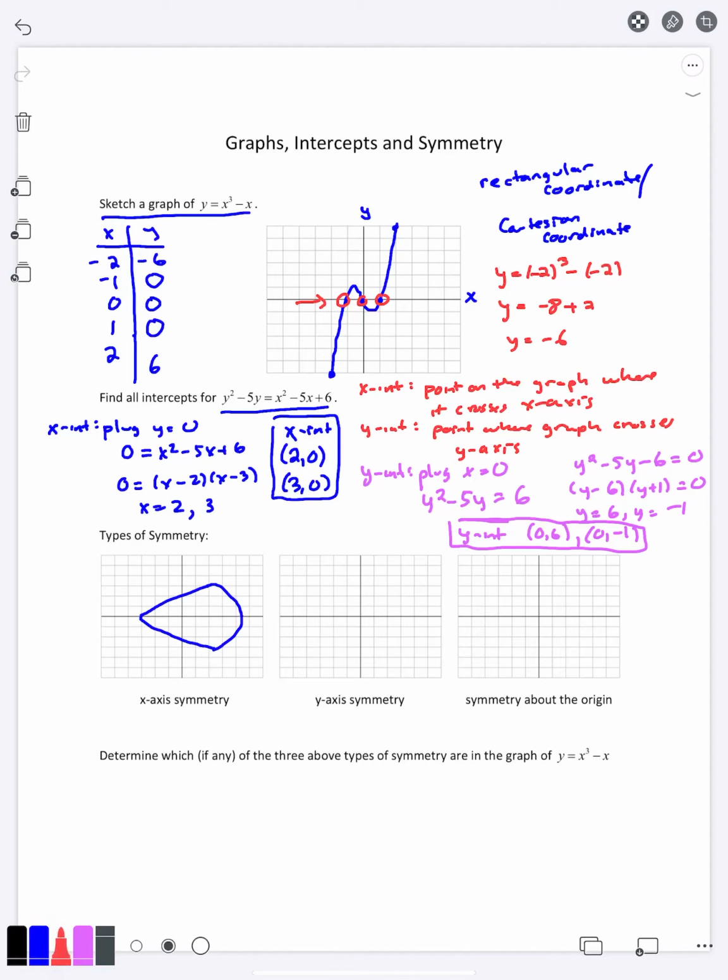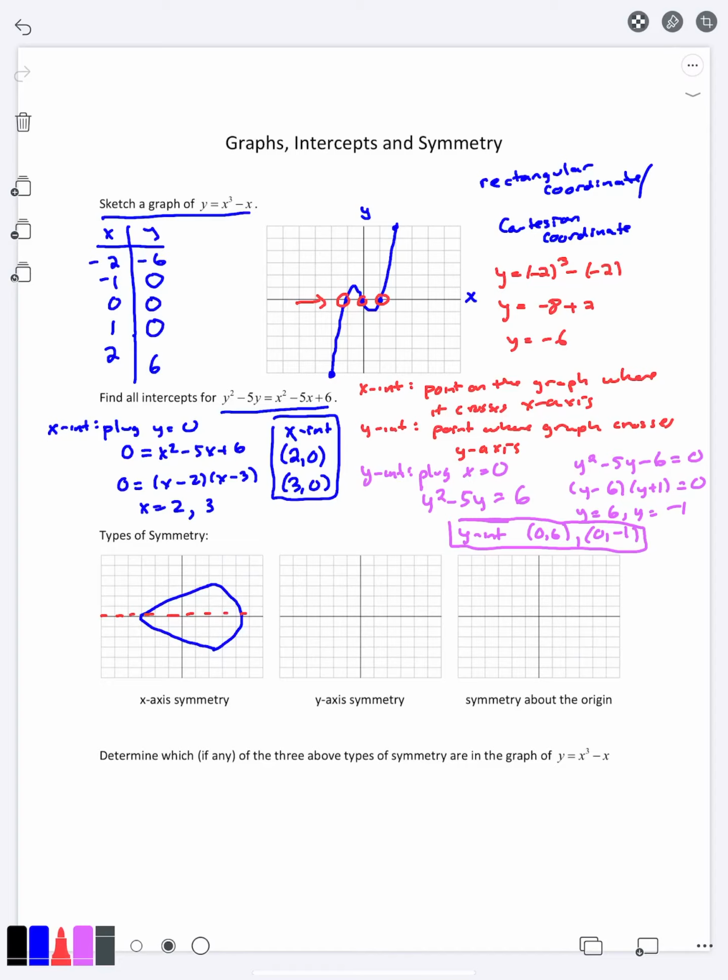In other words, if you could imagine folding your piece of paper along the x-axis, the two sides should line up perfectly. Now, if you look at my actual picture here, that's not the case. It's because I'm not drawing things perfectly at all. But if you want symmetry, it has to look like that.